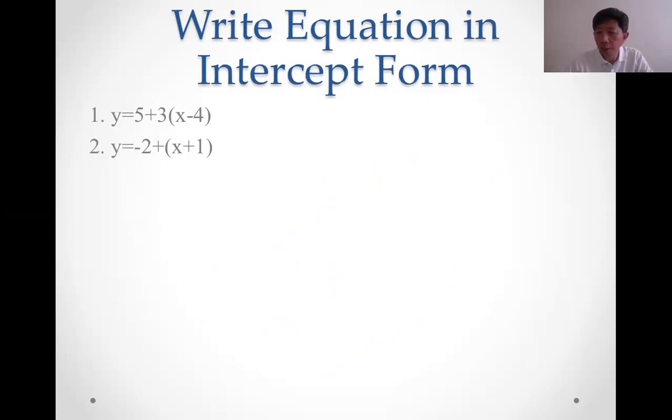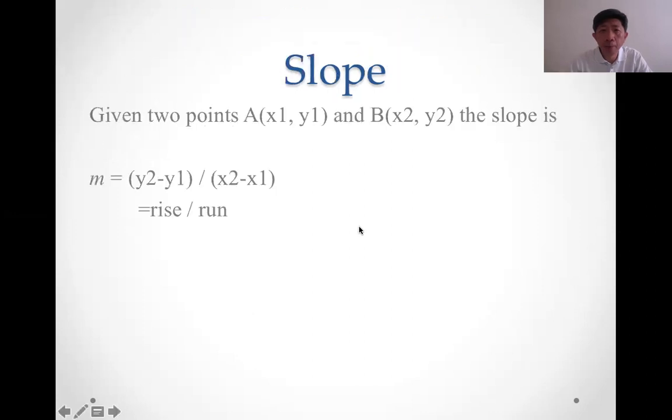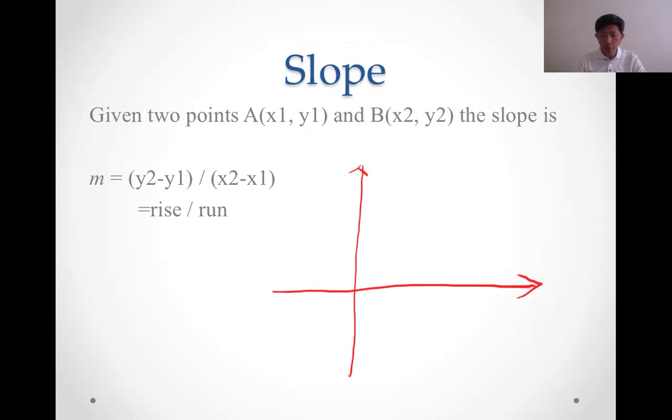Next, slope. Now what is the slope? Given 2 points, A (x1, y1) and B (x2, y2). Let's say this is the x-axis and y-axis, and we have 2 points.